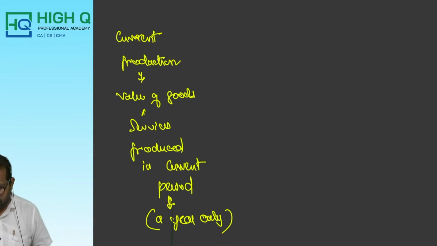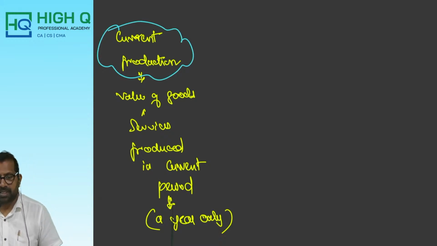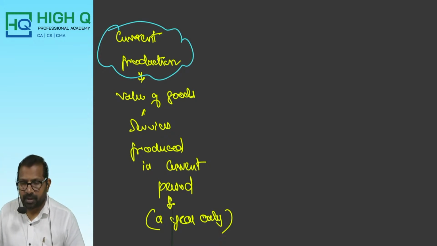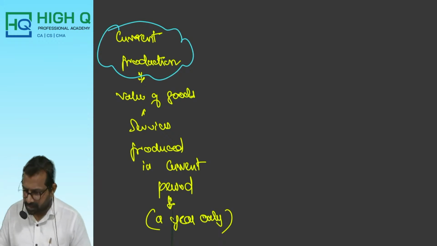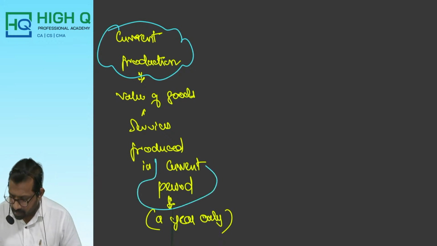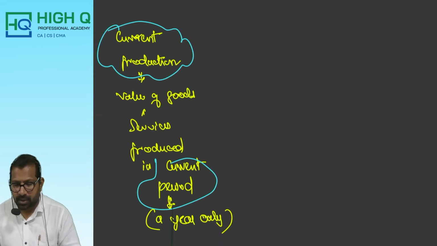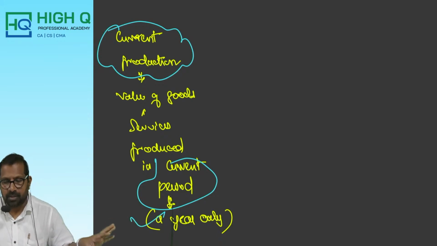So the next point is current production, which represents the value of goods and services in what period? Current period. Current period means that the concept of national income applies only for the current year, not for the previous year.